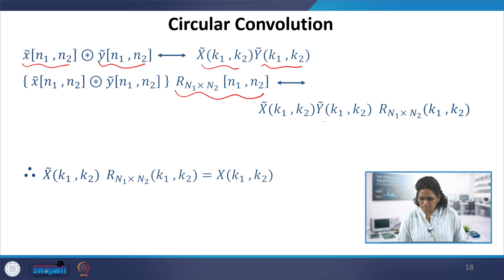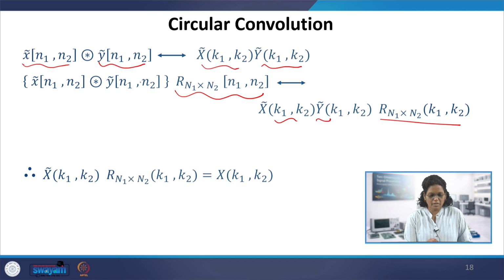Okay, so for these finite sequences in the frequency domain, x tilde and y tilde are here. This is multiplied here and this is multiplied here to get R square. R square is also nothing but R only, because in the region the value is 1. So it is only represented as R, n1 into n2 is k1 comma k2.